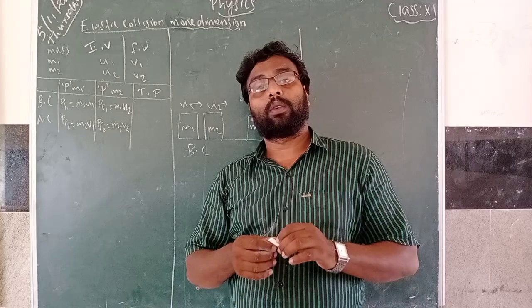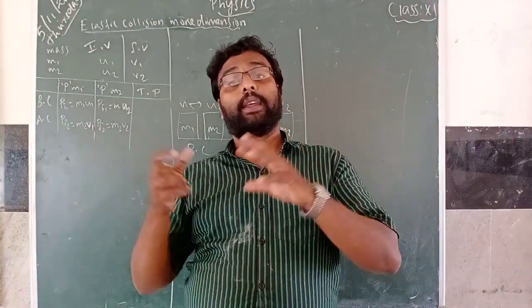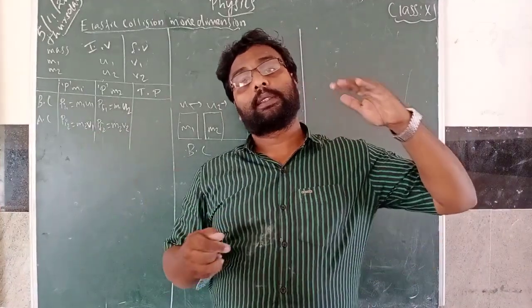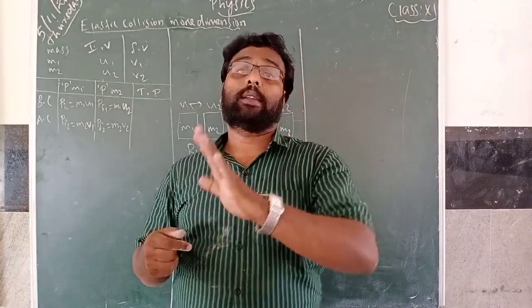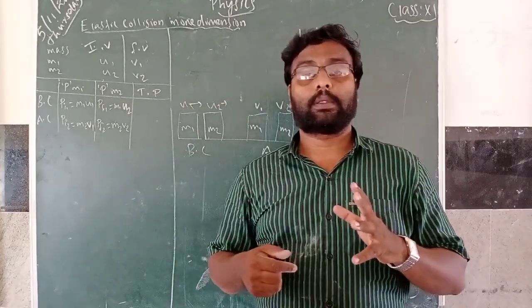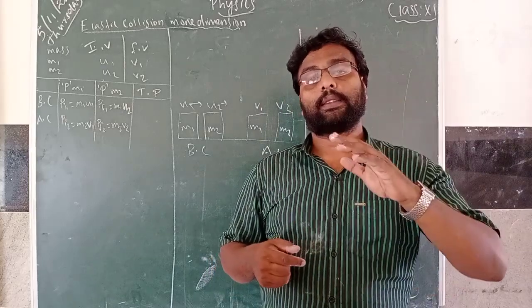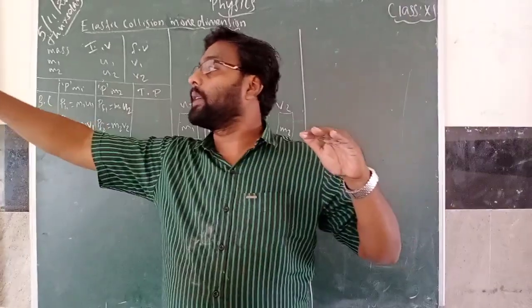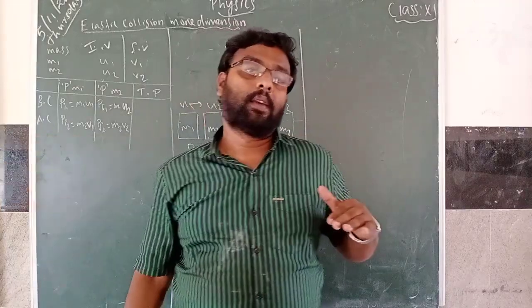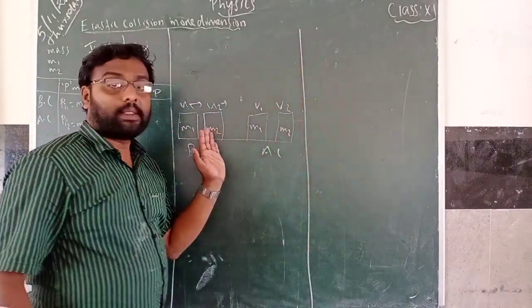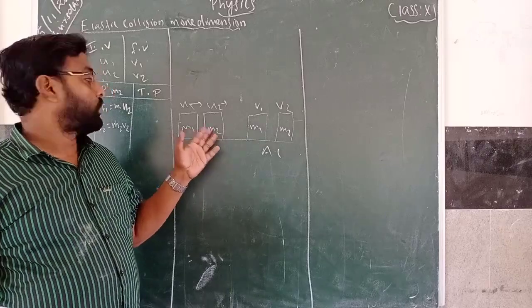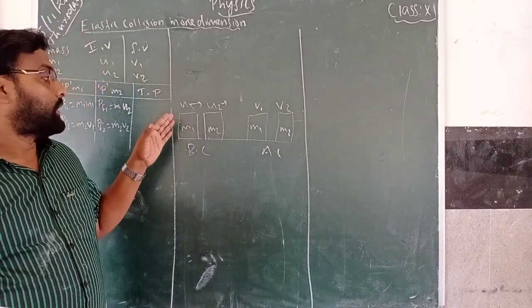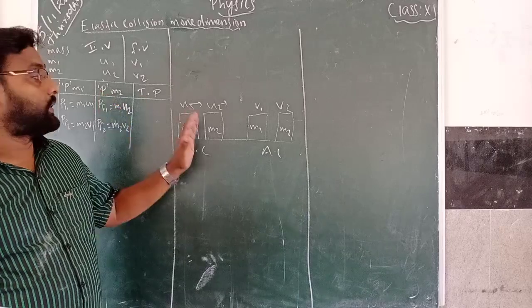For that, assume two objects which are hitting each other. This object is kept on a frictionless horizontal surface, and once it is hit, it moves in this direction. Here you can see the diagram with mass m1 and another mass m2, two masses which are allowed to hit each other.